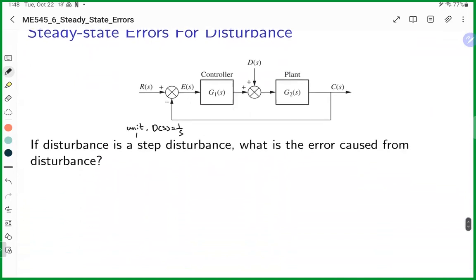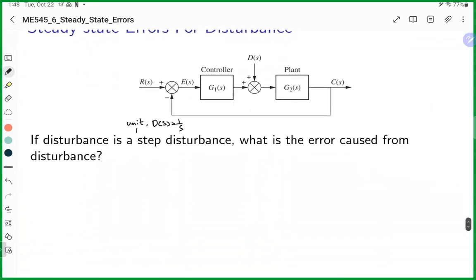And here we don't really care what the reference input is doing. We're only looking at the effect of the disturbance on error. Then we just apply our steady state equation.